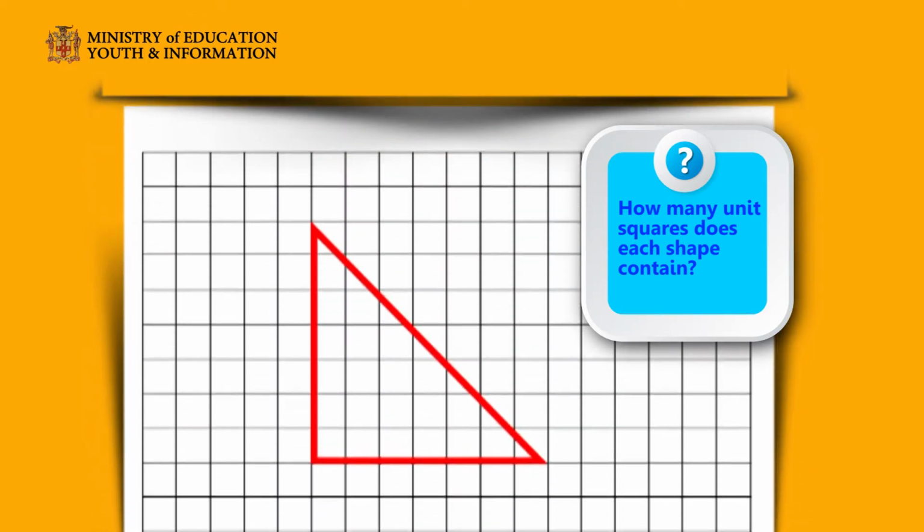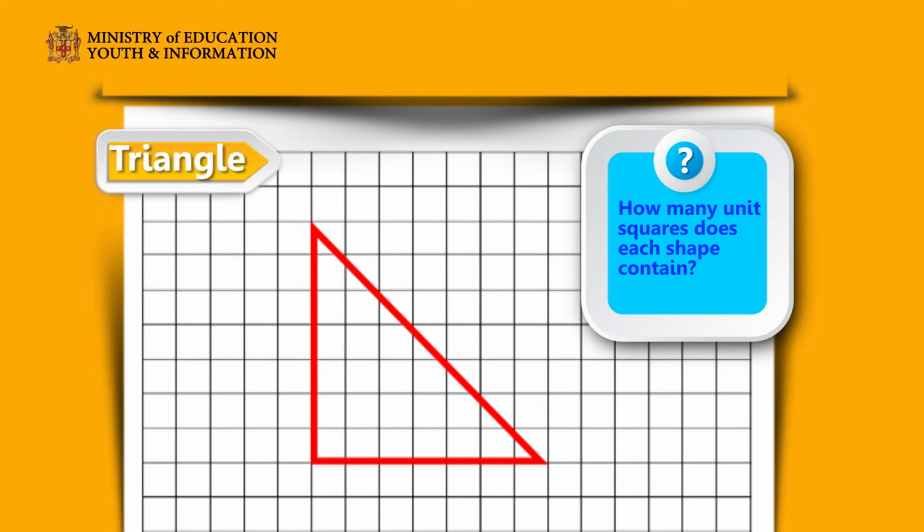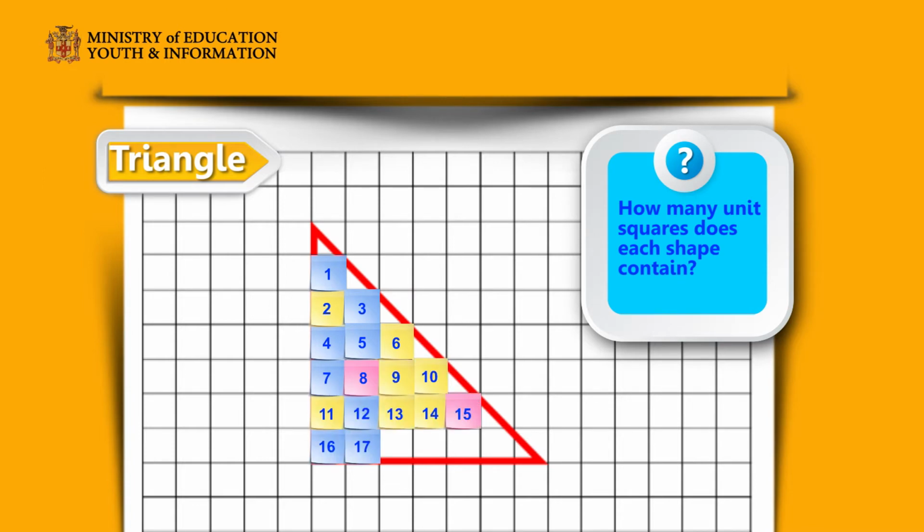Now for the triangle. Well, some of the unit squares are cut in halves, making them little triangles. Alright, I will count the squares first, and then I will count the halves. Here goes. 1, 2, 3, 4, 5, 6, 7, 8, 9, 10, 11, 12, 13, 14, 15, 16, 17, 18, 19, 20, 21.